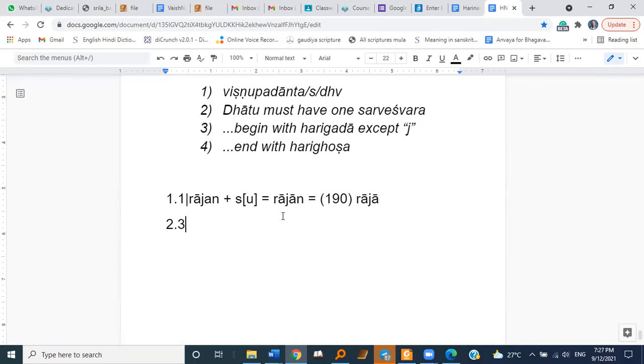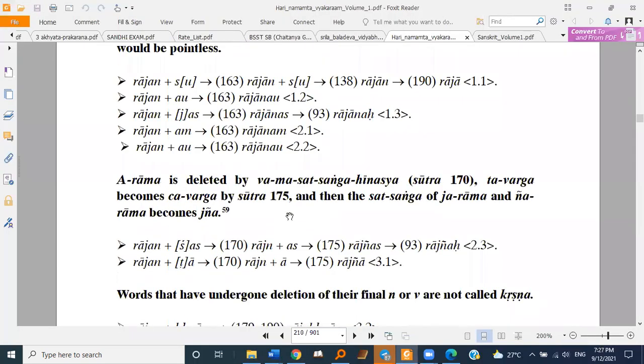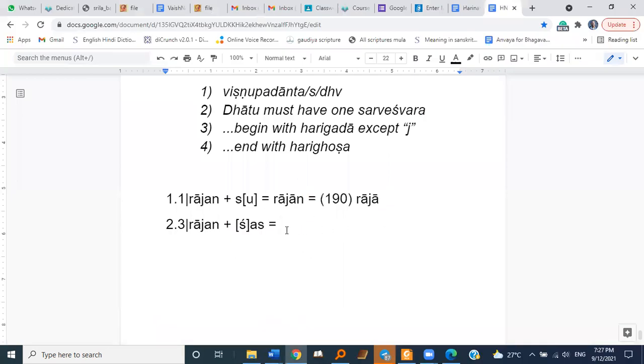Then 2.3. When 2.3 is there, because Shas is Bhagavat and Rajan Shabda ends with An, we apply Vama Satsanghinasya Anah Aramaharo Bhagavati.